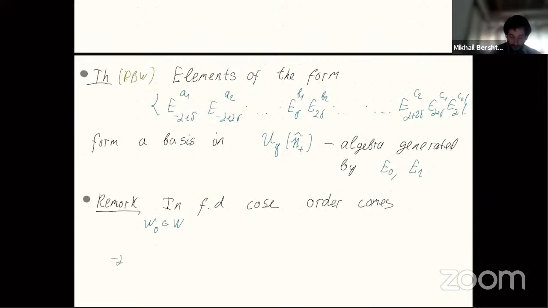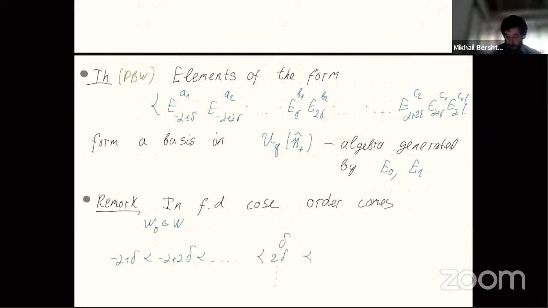So we have minus alpha plus delta less than minus alpha plus 2 delta less than, and so on. Then in the middle we have delta, 2 delta, and so on, which can be written in any order because the corresponding elements commute.